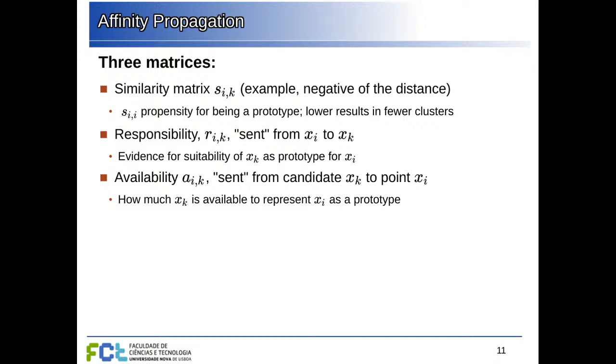So basically we can think of this as the points passing messages to one another, one saying I want you to represent me, and the other one saying I am available or not to represent you. And the algorithm proceeds by passing these messages until it reaches convergence, and we have points that represent other points, and so they become prototypes of clusters.